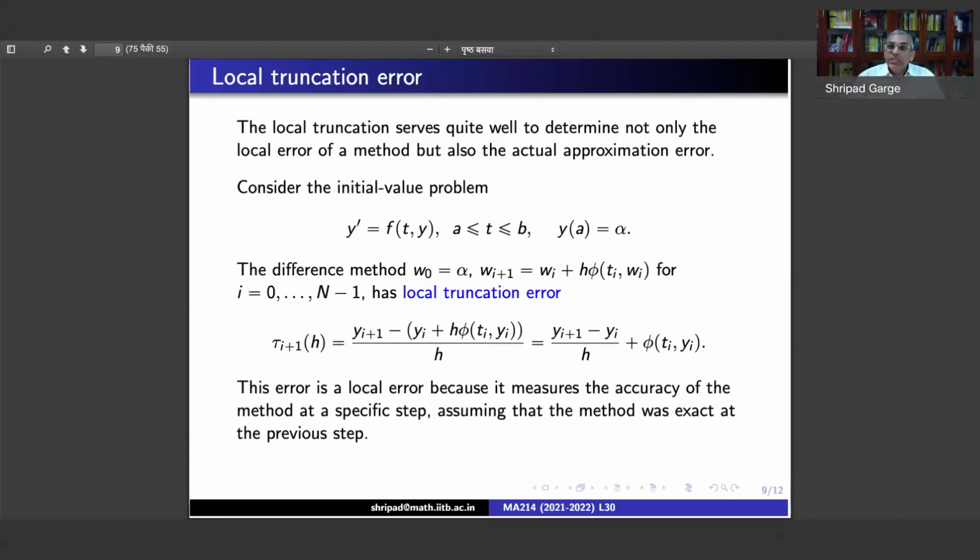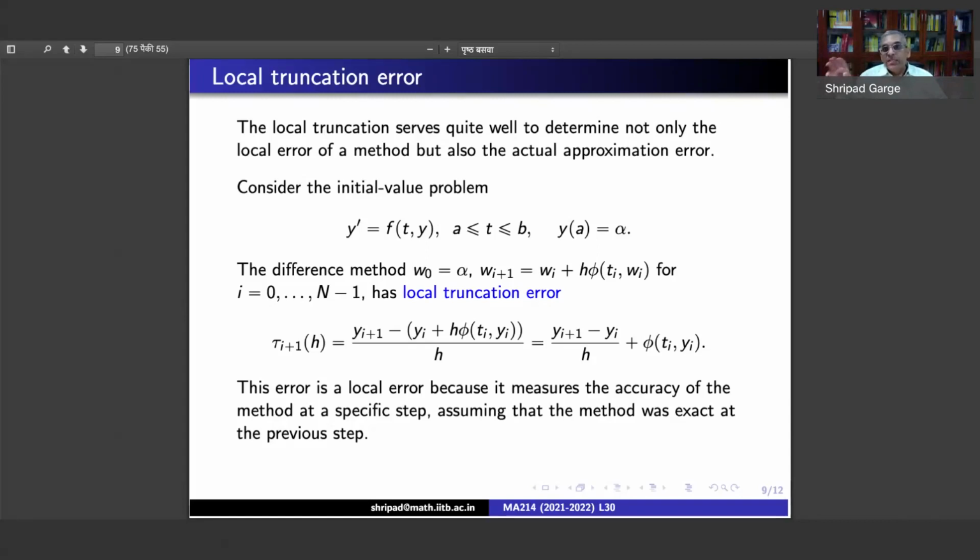What this assumes is that at the ith stage you had the correct answer. So y_i is the correct answer, and now you are putting this correct answer in the difference equation, so you are going to get the next approximation. It's not the correct answer, for instance, if you are taking the Euler method, because there will be an h square by 2 y double prime at xi term.